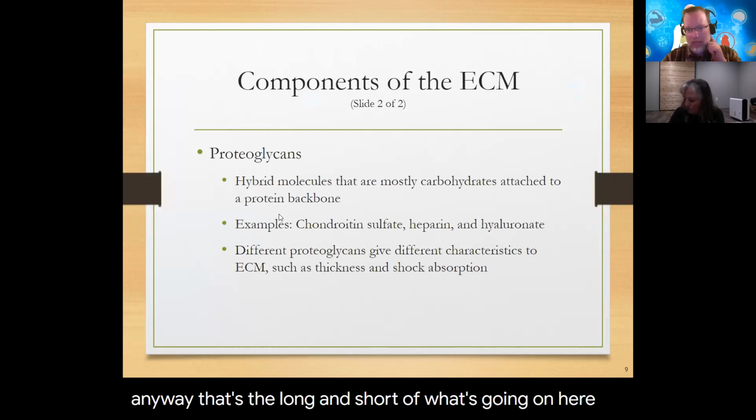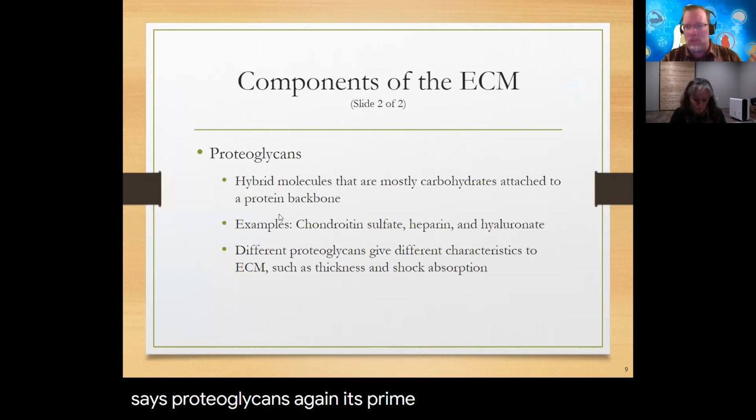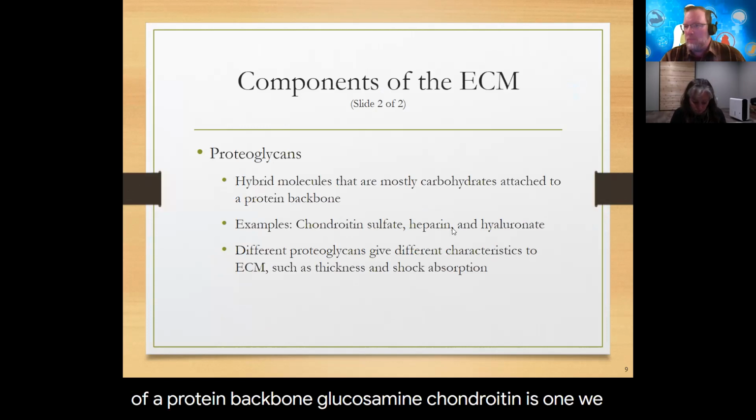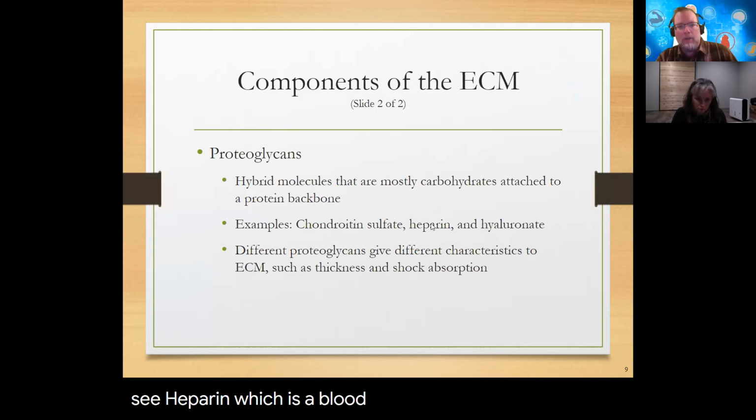Here are those proteoglycans. Again, it's primarily carbs with a little bit of a protein backbone. Glucosamine chondroitin is one we see. Heparin, which is a blood thinner, is another type of proteoglycan.